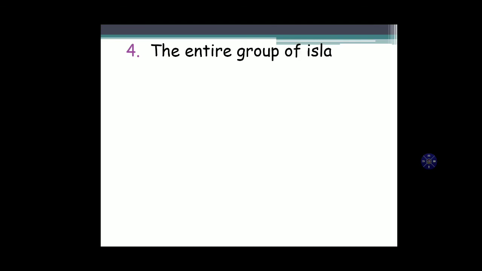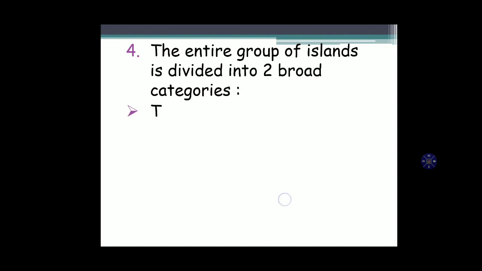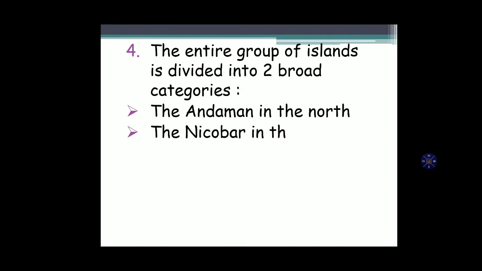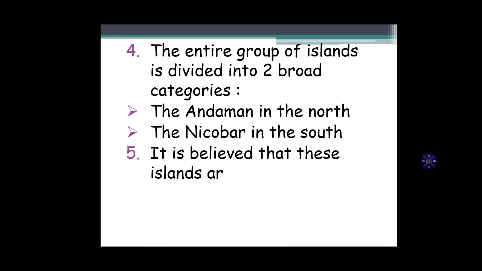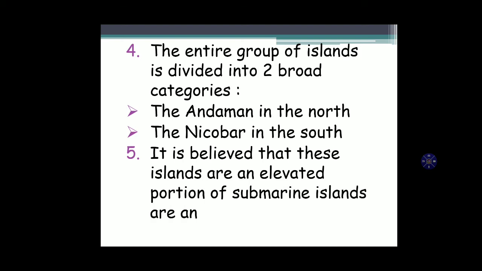The entire group of islands is divided into two broad categories, the Andaman in the north and the Nicobar in the south. It is believed that these islands are an elevated portion of a submarine mountain.